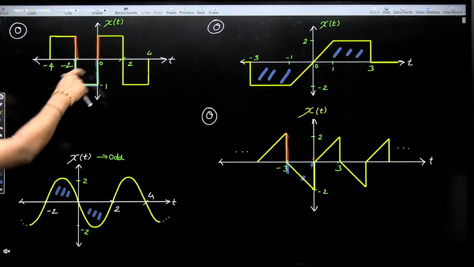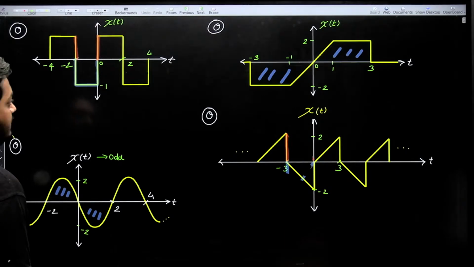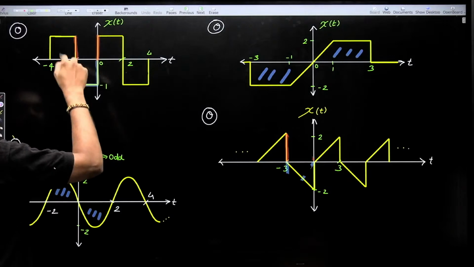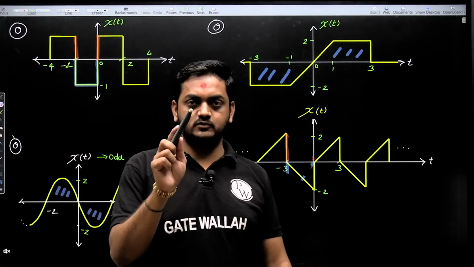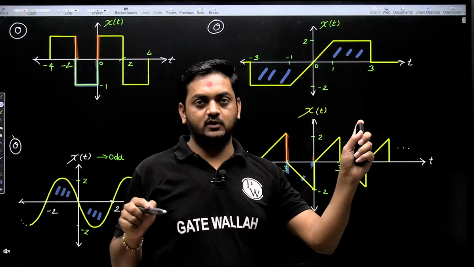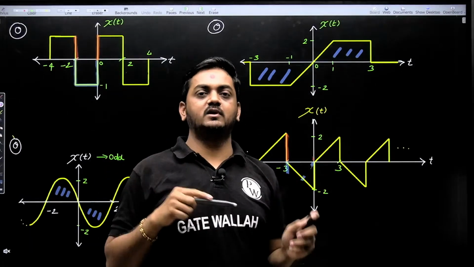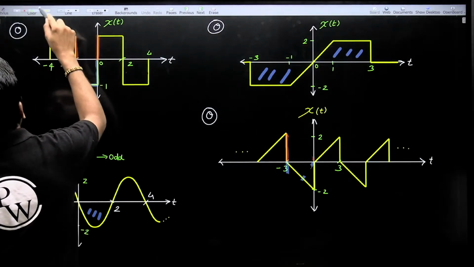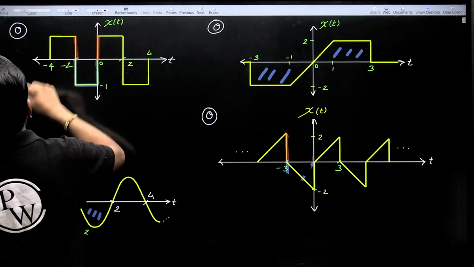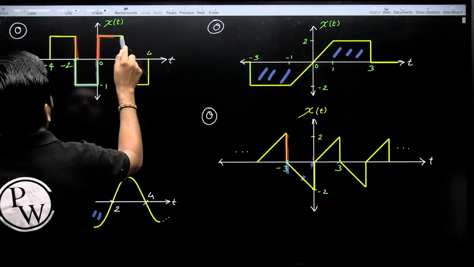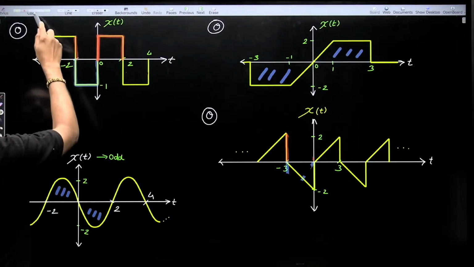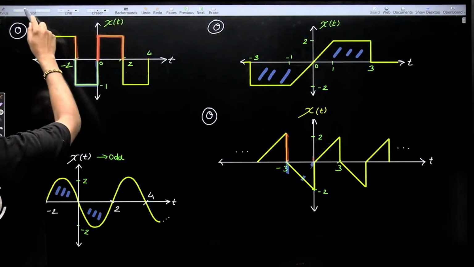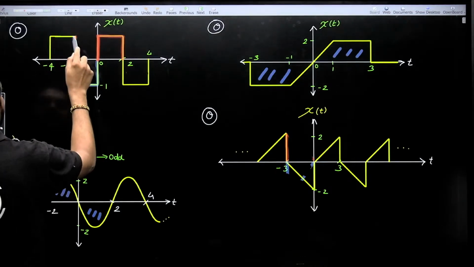This one, guys. This is odd, even or nano? So here, first quadrant and third quadrant area. You have to observe the first quadrant and third quadrant, or second and fourth. See, here, this is the x of t signal. First folding with respect to y axis, time reversal.